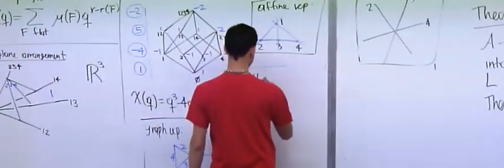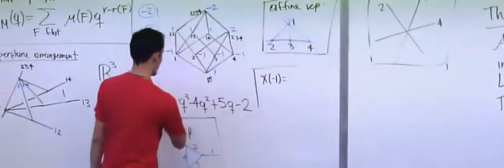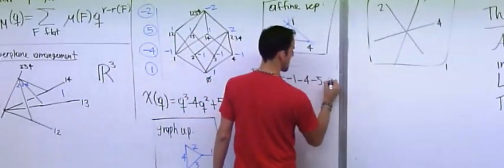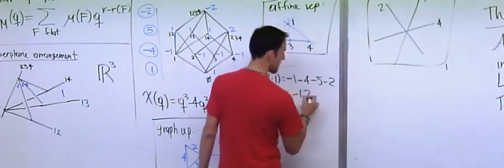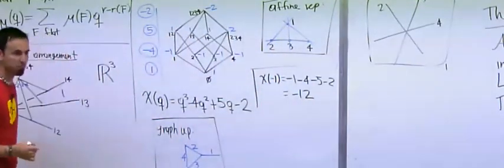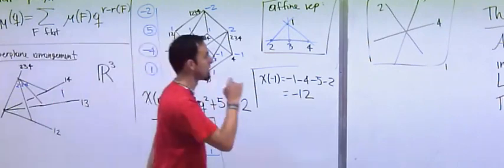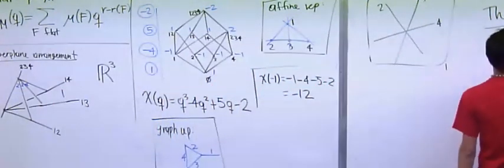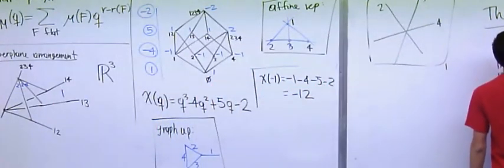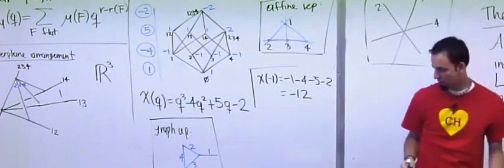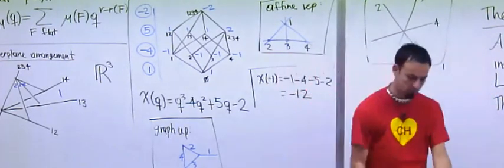You get -1, -4, -5, -2 equals -12. 12 regions. Okay. That's the theorem. It's the theorem of Zaslavsky from the 70s.